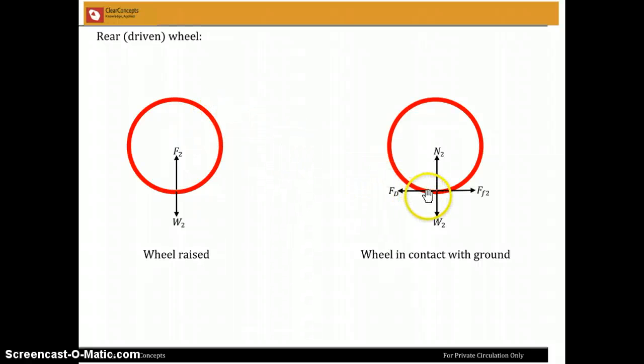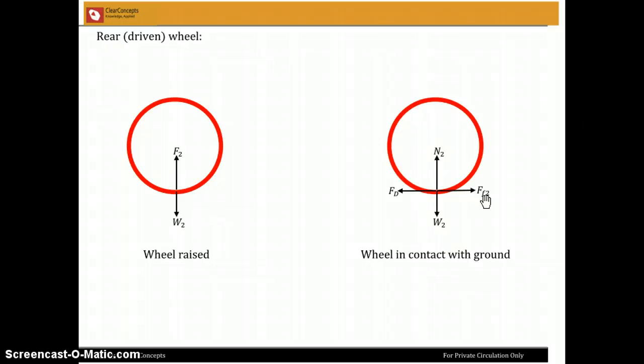As soon as you place it on the ground, since this wheel has a tendency to move in the clockwise direction, the point of contact has a tendency to move leftward relative to the ground. As a result, there will be a frictional force FF2 that is acting in the forward direction, so rightward in this case.